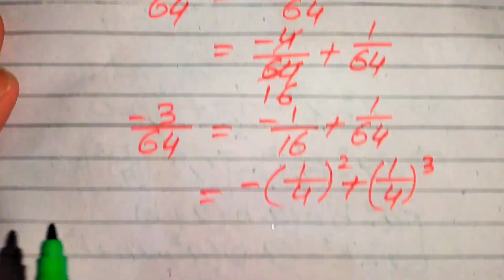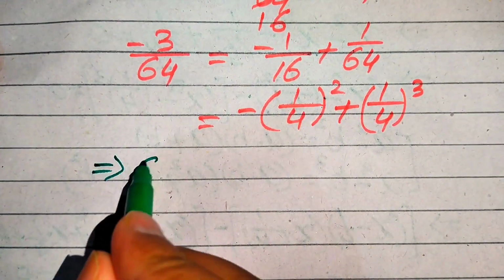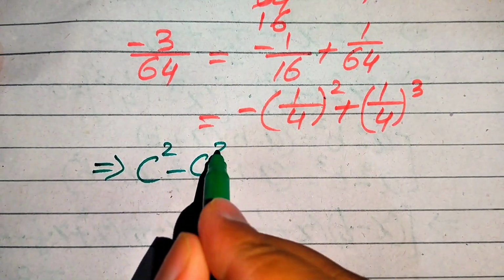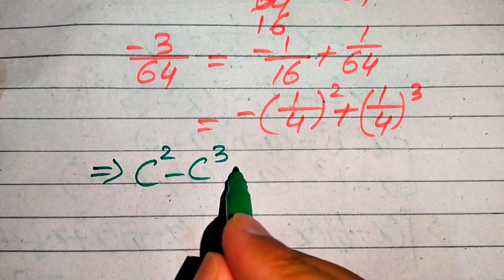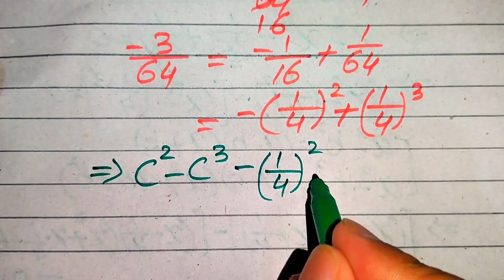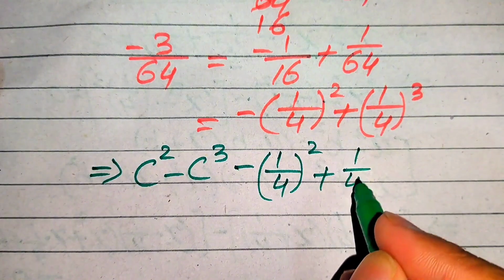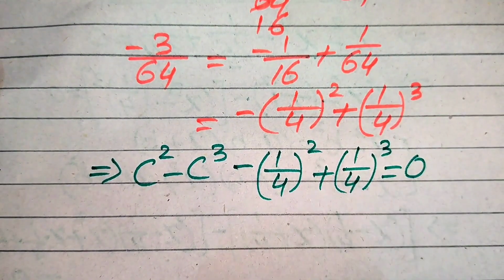After replacing, our given equation implies that we have c square minus c cubed, and minus 3 over 64 becomes minus 1 over 4 whole square plus 1 over 4 whole cubed is equal to 0.